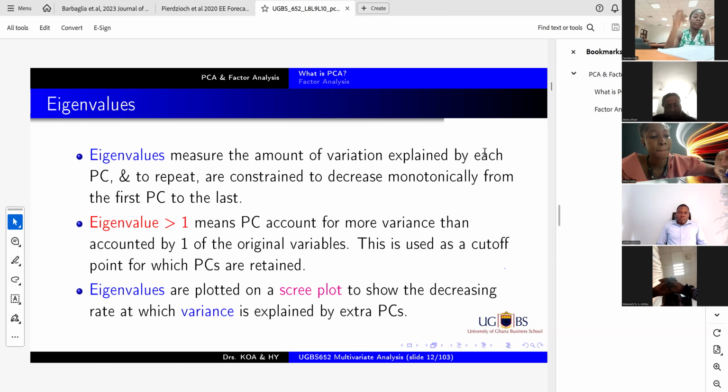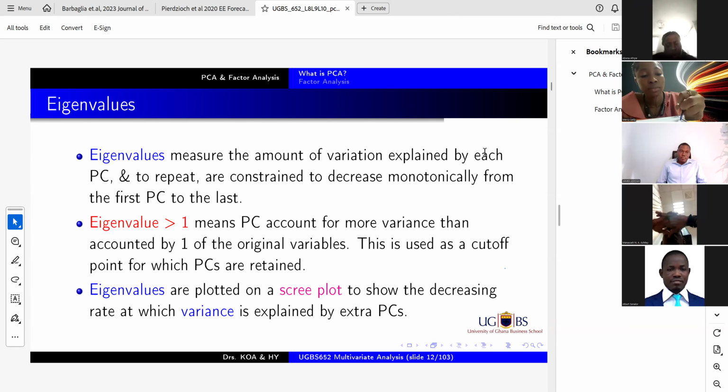You go and calculate the next one, and that next one is 0.72. That principal component is less than 1, so you cannot include it. So now you have reached the limit of how many principal components you should have out of the 100 variables.